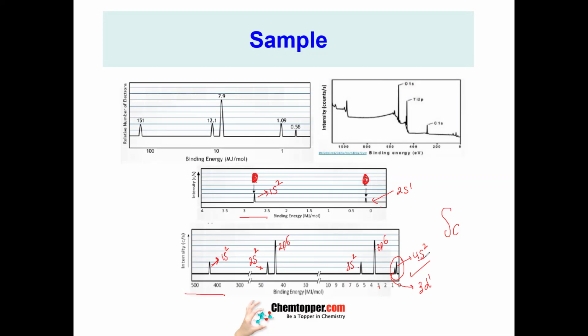So the outermost shell appears in the outermost part, because once they get filled, they fall in the right order. Once you fill the 3D orbitals, they come in the right order of energy. 4s will become higher in energy and 3D will become lower in energy. The outermost shell will come out after filling.